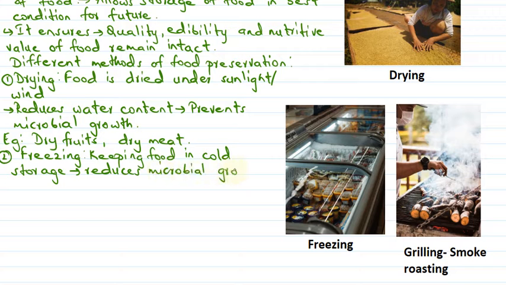Thus food can be preserved in this way. For example, we freeze food like frozen peas.